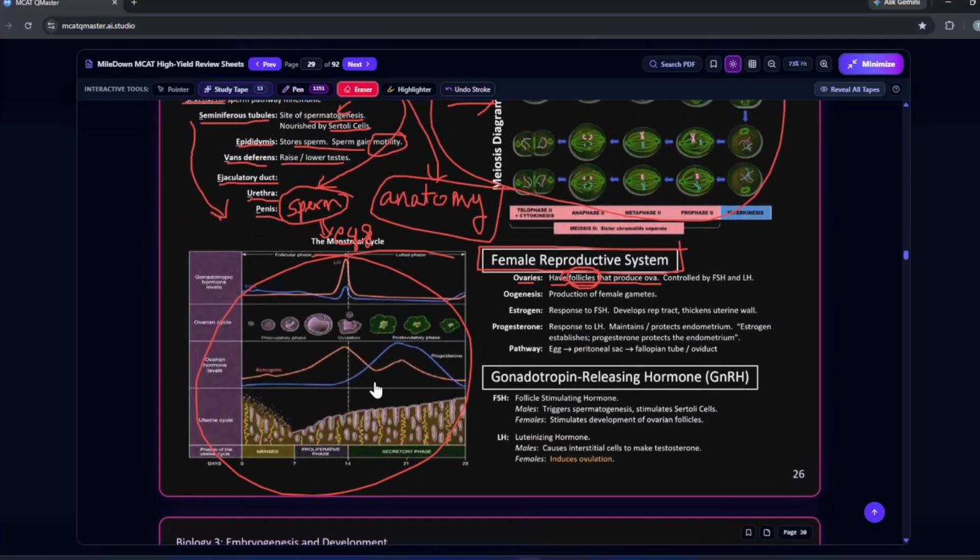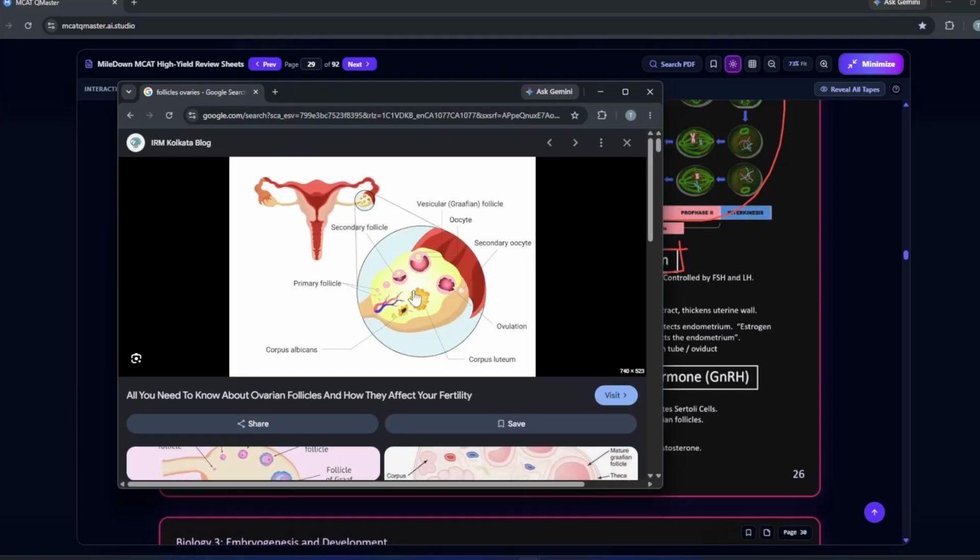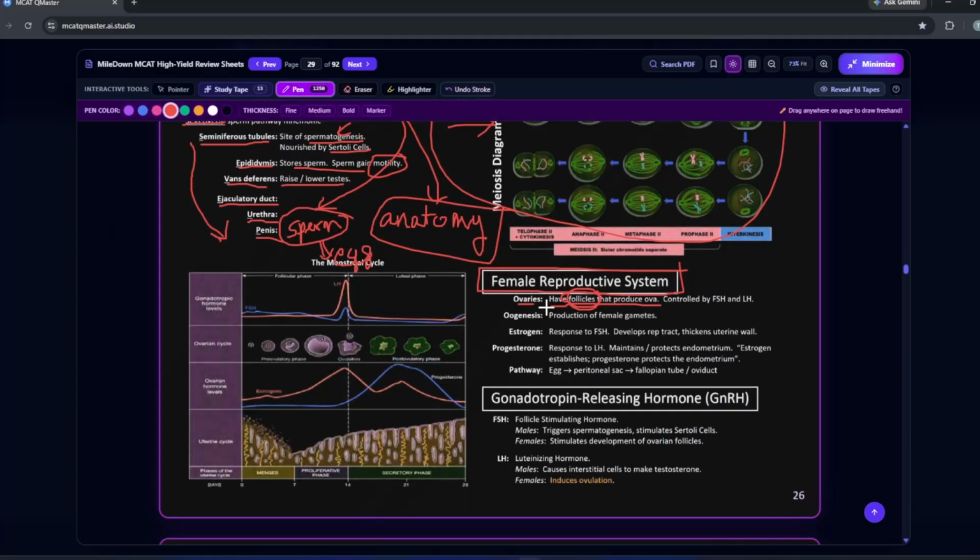I guess I have to do a whole lesson on the menstrual cycle in a second once I go over follicles. So ovaries have follicles that produce ova, and they're controlled by these hormones called FSH and LH. I'll explain further as I do a mini lesson on the menstrual cycle and how it works.